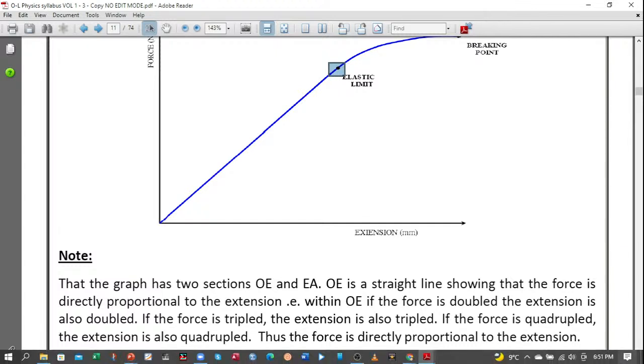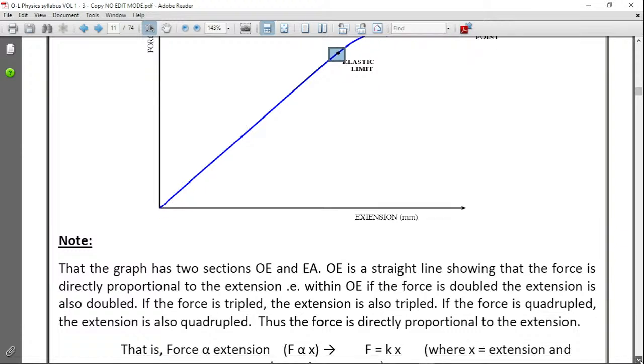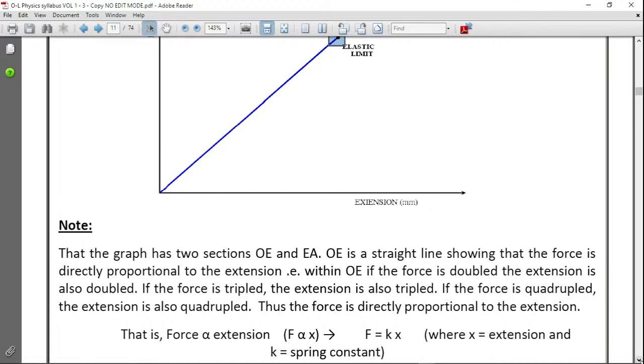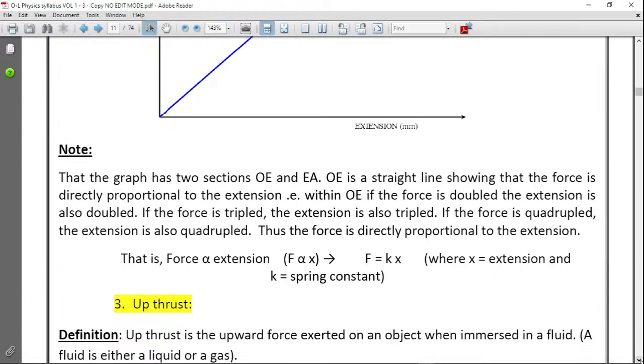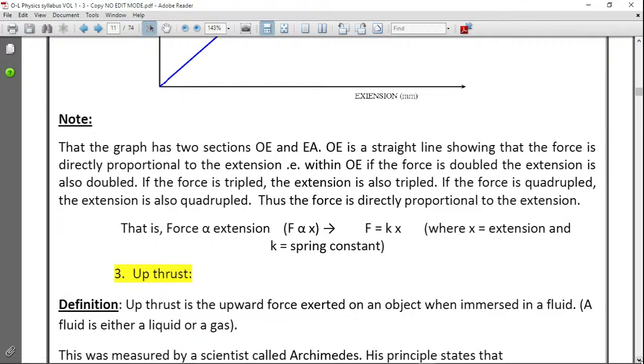In this region, the force is proportional to the extension. Now, above it, we move to the region where the force is no more proportional to the extension. You look at more of this in part 2.